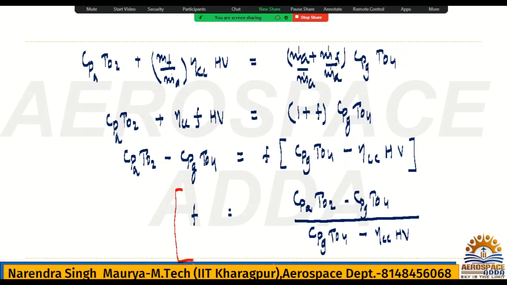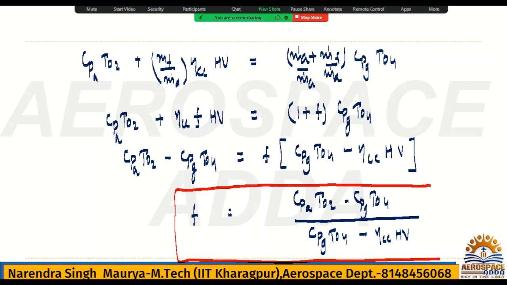Check the calculation. If any plus or minus is there, you can check it. This is the fuel to air ratio, F by A, of the ideal ramjet.